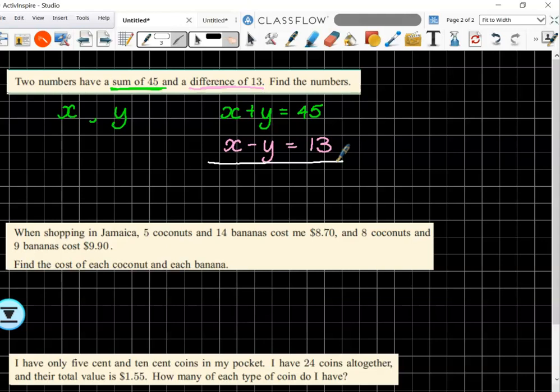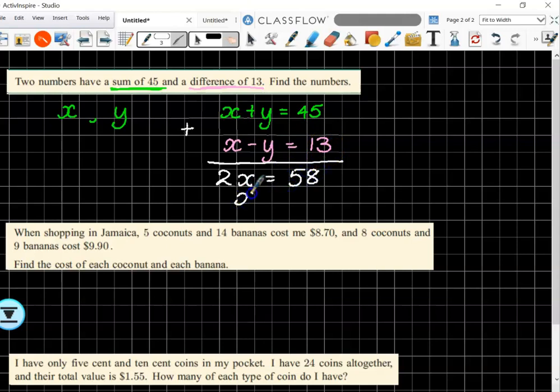And could I just eliminate either the X's or the Y's? Yeah. I mean, I could eliminate the Y's just by plussing. So X plus another X is 2X. Y plus minus Y? No Y. They're eliminated. 45 plus 13, 58.